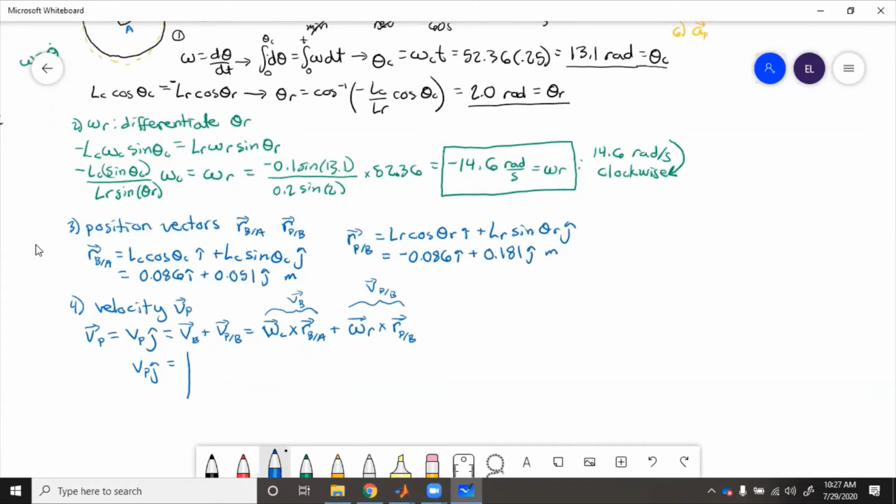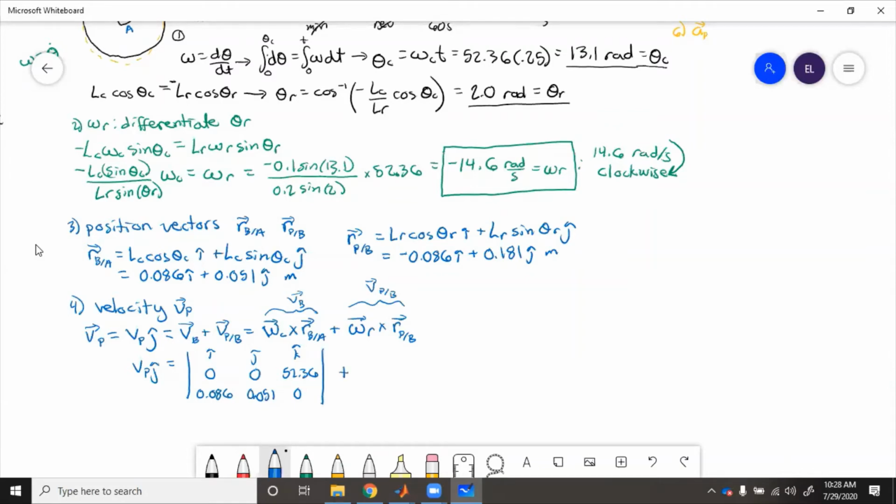cross product for Vb is going to be, we'll have I, J, K, 0, 0, and omega C, which was 52.36. And then the components of RB with respect to A, so 0.086, 0.051, and 0.